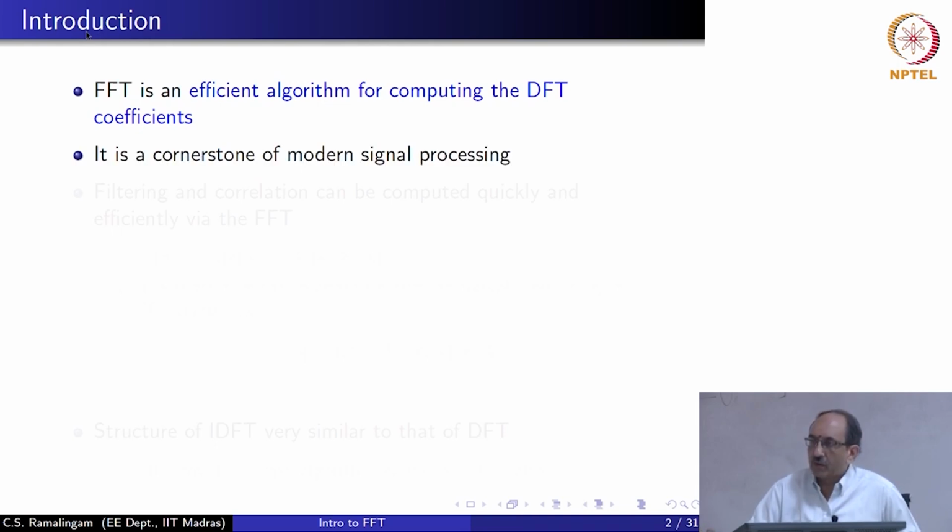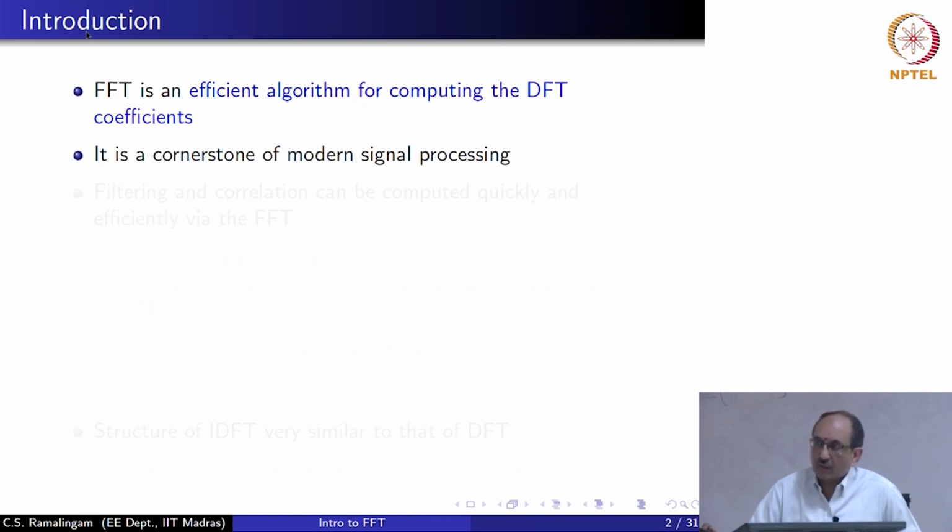Filtering and correlation happened all the while, and until the FFT algorithm came along, we are going to look at the operation count. This was turning out to be extremely cumbersome, and whatever methods they knew at that time were really slow.